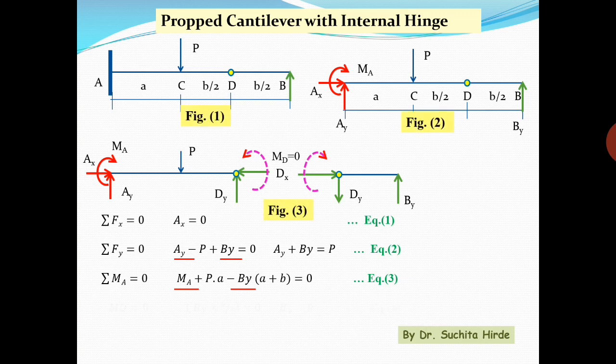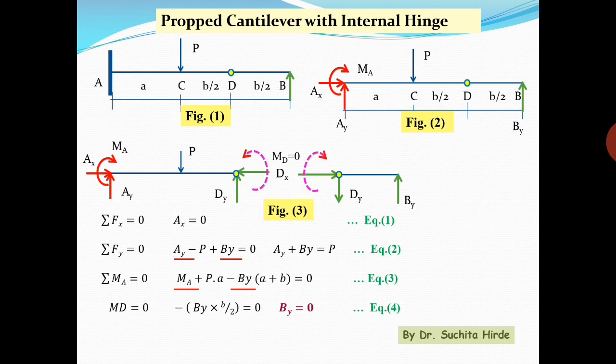So we will get By into B by 2, the distance, is equal to 0, force into perpendicular distance. And since it is anti-clockwise direction, we are taking here minus. So from this equation we can get one of the unknowns, which is By equal to 0.